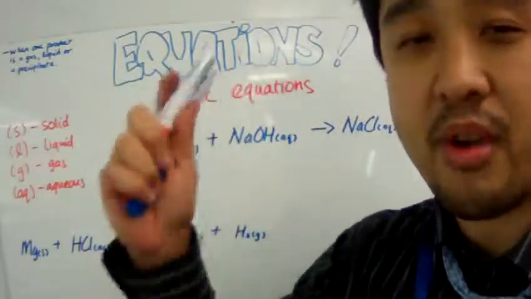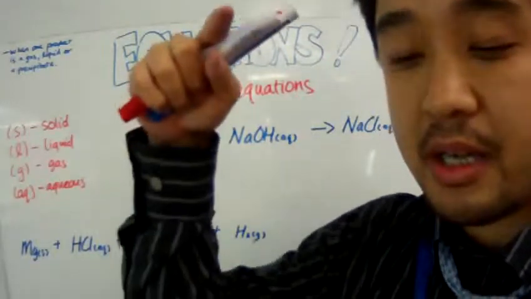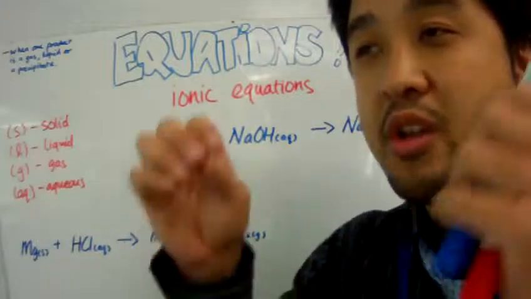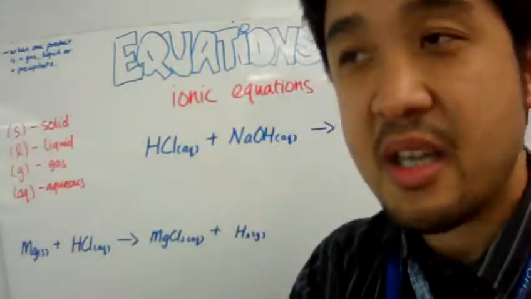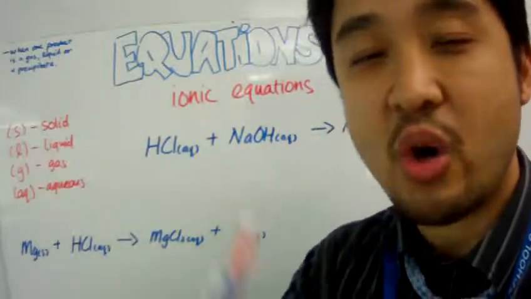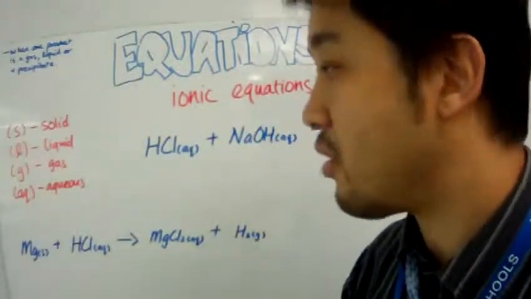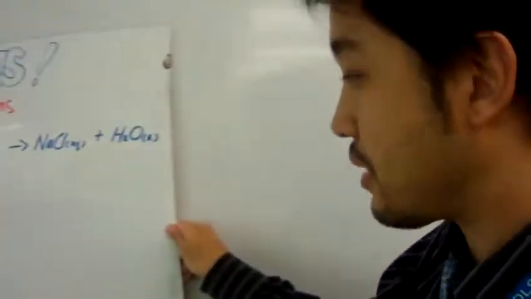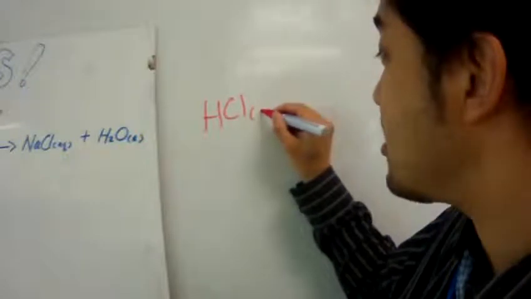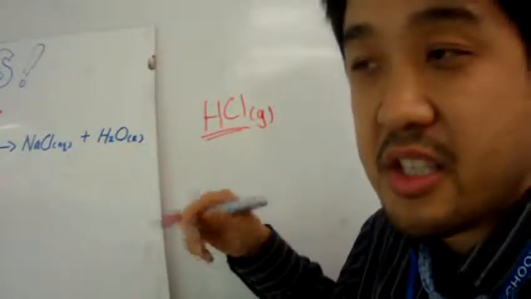Now, when one of your products or reactants involves aqueous solutions, that means when you put those substances in water and they become ions in solution, you have an aqueous solution. So, for example, HCl is hydrogen chloride, and this is a gas.